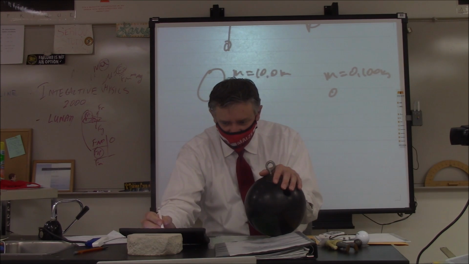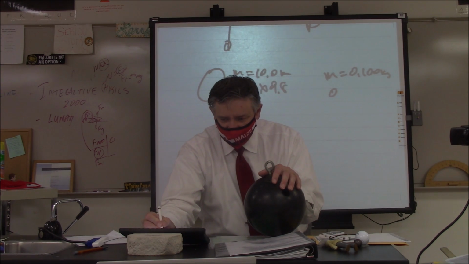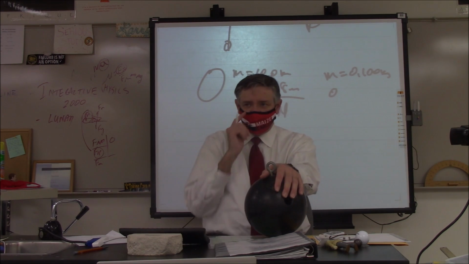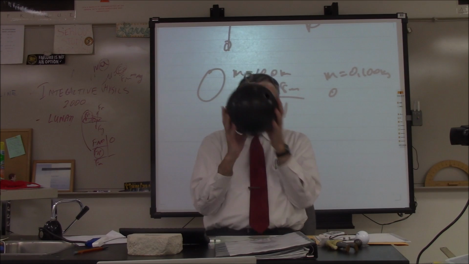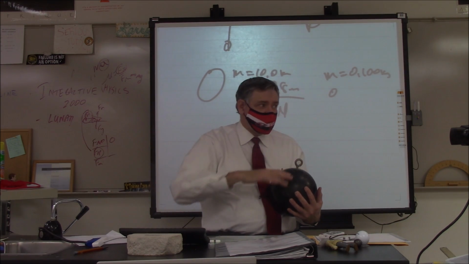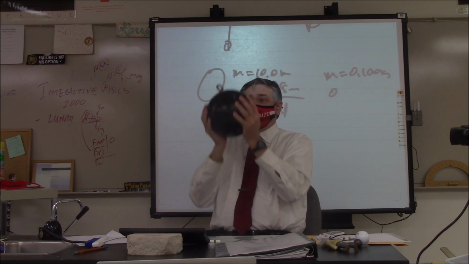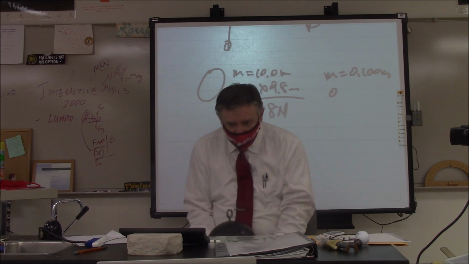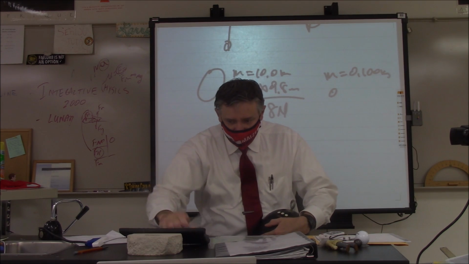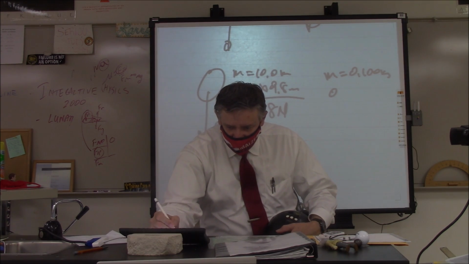So I'm just going to take 10 kilograms times 9.8 meters per second squared, and I'm going to get 98 newtons. So the gravitational attraction between Hank and this Earth that we're on, the sum total of all of that, when I let go, is going to be 98 newtons. So that's the force that's going to be acting on Hank.